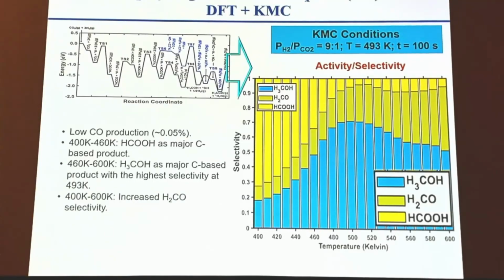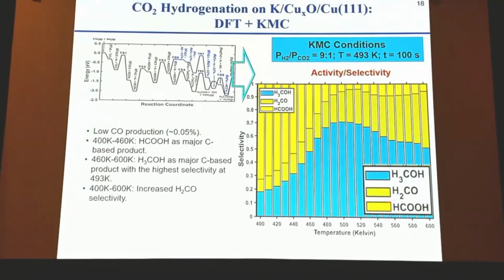And more importantly, we can get back to the question we asked ourselves: how does the selectivity look? And here is the KMC simulated selectivity under different temperatures. The first thing that is surprising to us is that CO has been a major product of a lot of copper-based catalysts, but in this case the selectivity for CO is basically nothing.